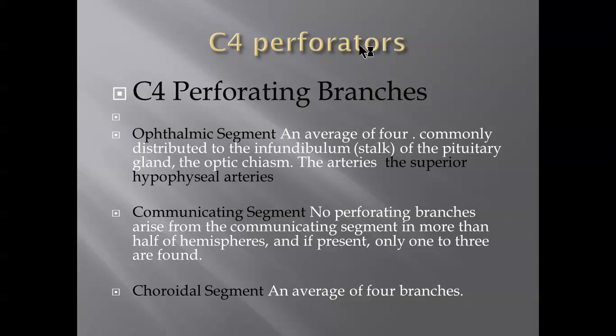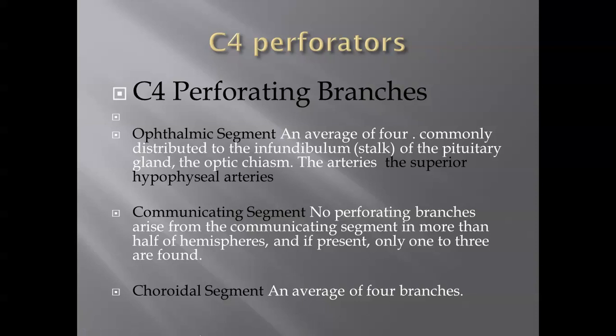Now there are a few perforators coming from these segments as well. The first, the ophthalmic segment, gives rise to the superior hypophyseal artery. Superior hypophyseal arteries, as the name suggests, hypophyseal from the pituitary, therefore supply the pituitary gland and the stalk, which is the infundibulum. The communicating segment usually doesn't have any branches, but it has only two or three communicating perforating branches.